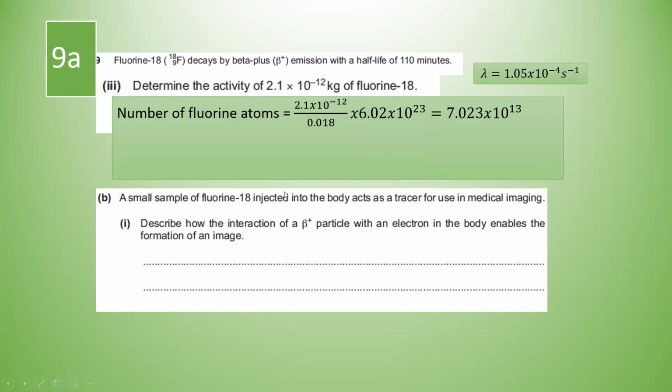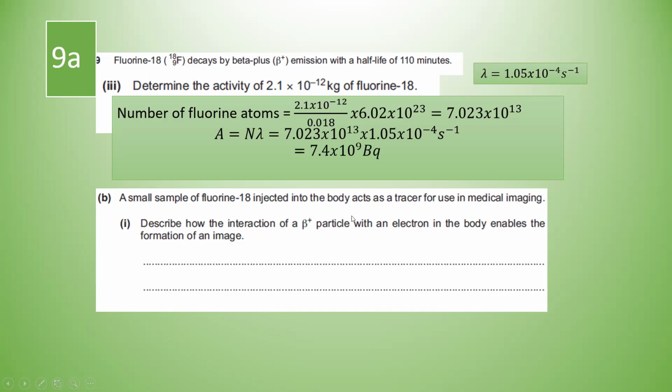Calculate the number of fluorine atoms. 18 gram contains that, so 2.1 times 10 to the power minus 12 kilogram contains, divided by 0.018 kilogram times 6.02 times 10 to the power 23, you get the number of atoms of fluorine. Then A equals N lambda. N is that, lambda is that, and get your answer, in per second or becquerel.